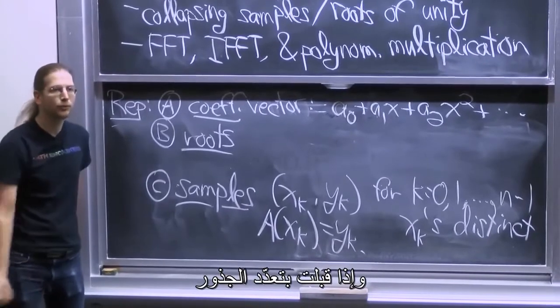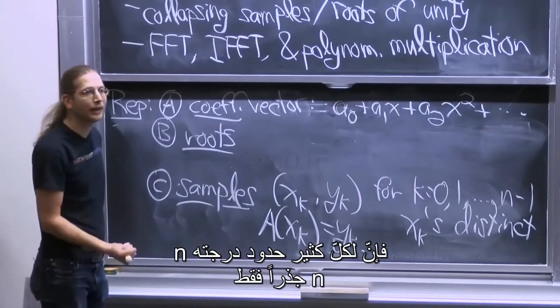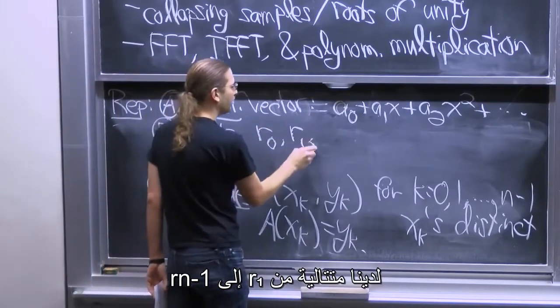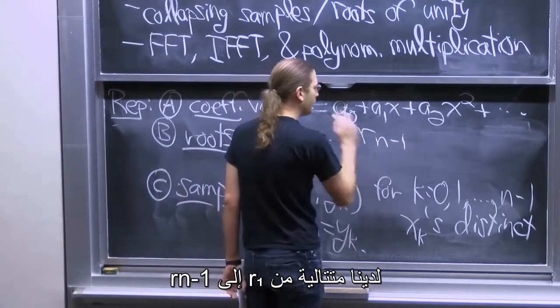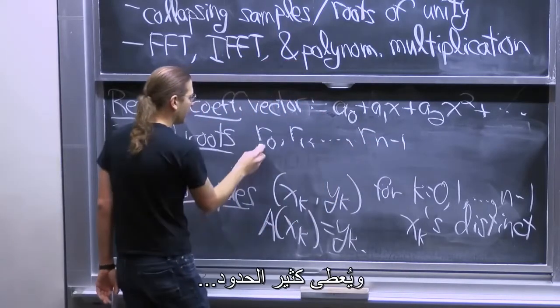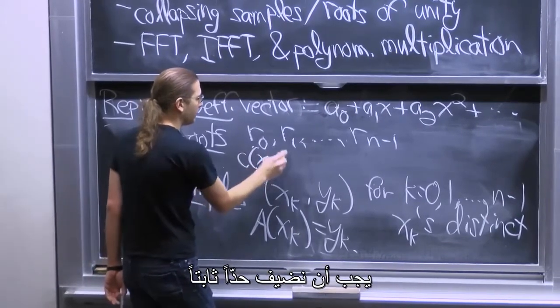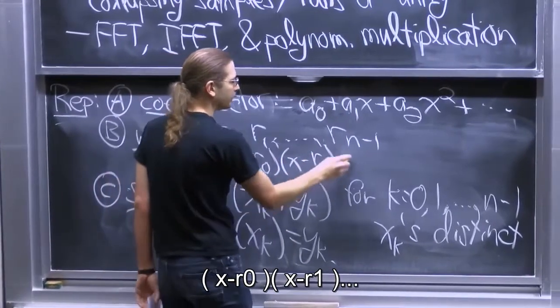If you allow roots with multiplicity, then every polynomial of degree n has exactly n roots. So this would be some sequence r_0 up to r_{n-1}. And the polynomial would be given as, you actually need a constant multiplier, c times (x minus r_0)(x minus r_1) and so on.